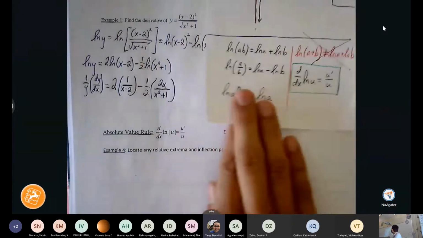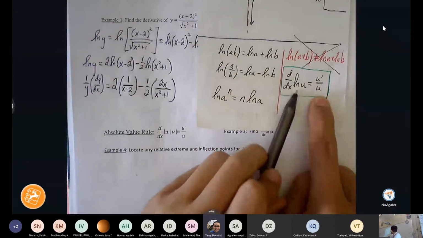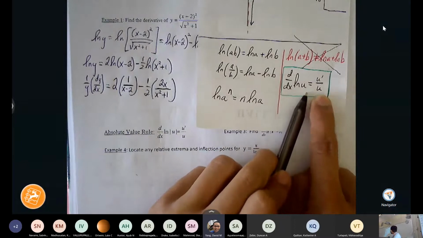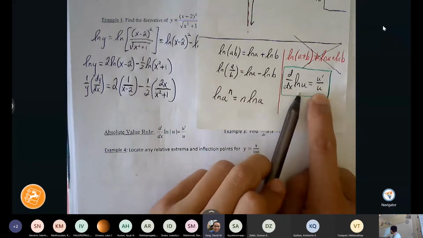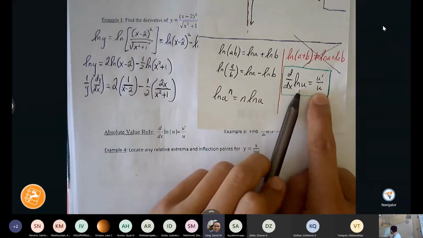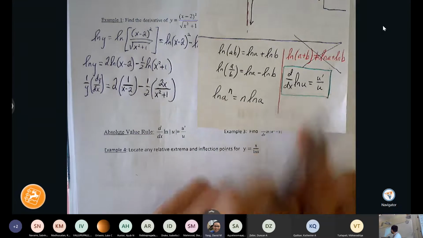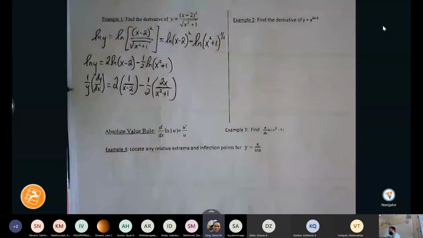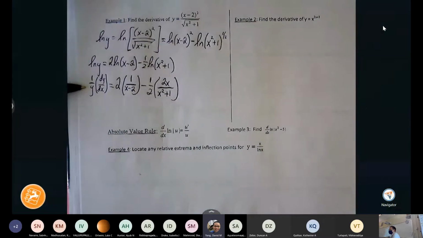So all we're doing is just following the rule. We don't have to be creative and come up with anything unique. We're just following whatever the rule says. So this ends the derivative process. We just have to solve for dy dx then.